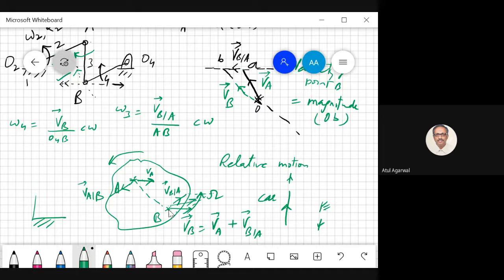Now if you look at velocity of point A, what is velocity of point A? Velocity of B plus velocity of A with respect to B. Velocity of A with respect to B is this. And what is velocity of B? You see diagonal somewhere like this. Now you have to add these two terms.